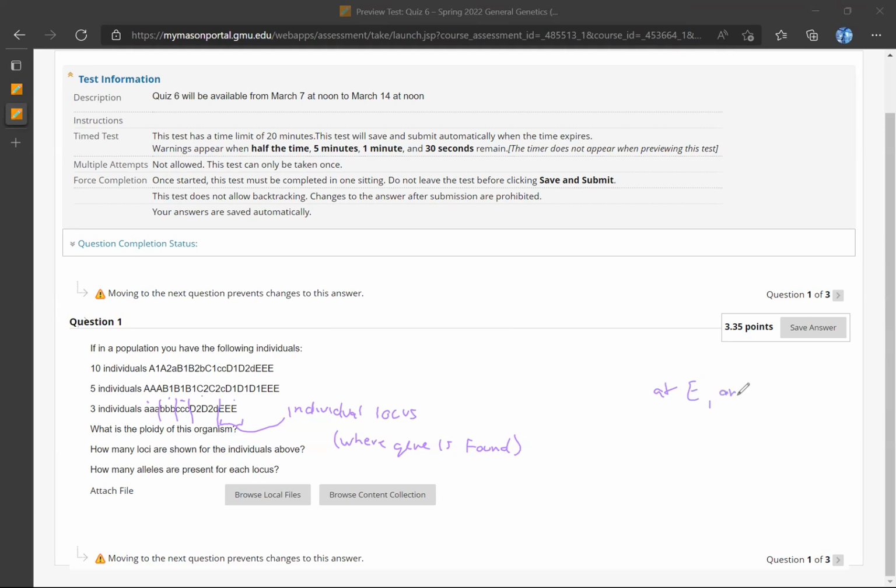And then, so I guess we'll jump back to A, sorry. So for A, we can see that we have a big A, and then we have A1, A2, and a little a. And so because we have big A, A1, A2, and little a, that's just 3 different alleles at that locus.